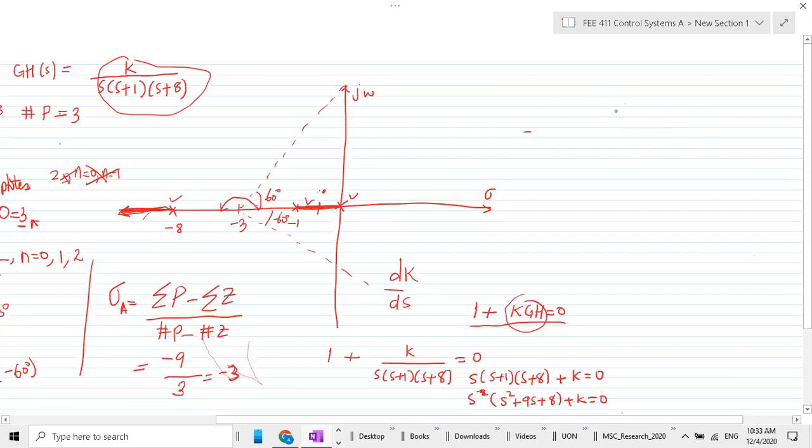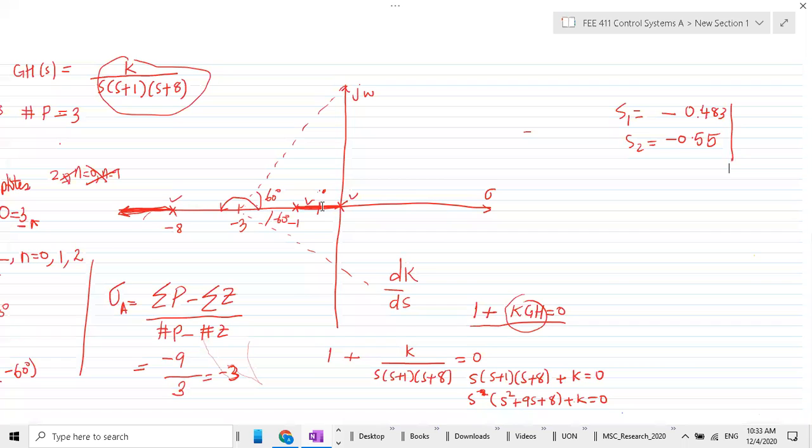So you have s is minus 0.483, and we have another s minus 5.5. So we have two points, and here we just have one breakaway. There are only two poles meeting together, so it means there is one breakaway point.